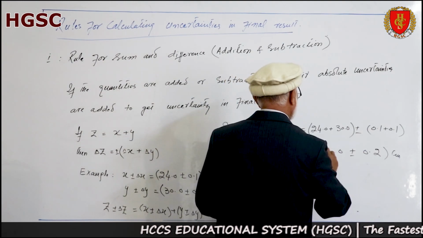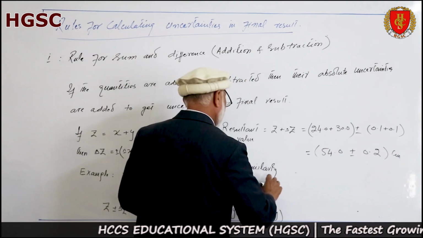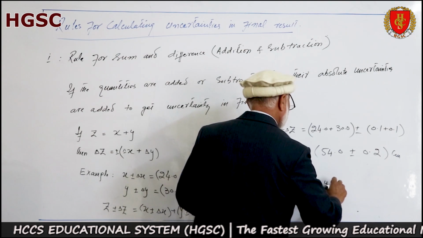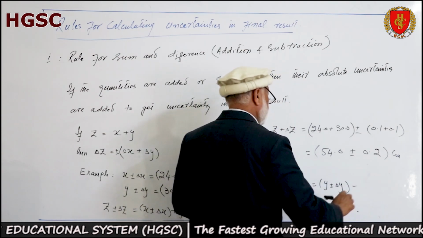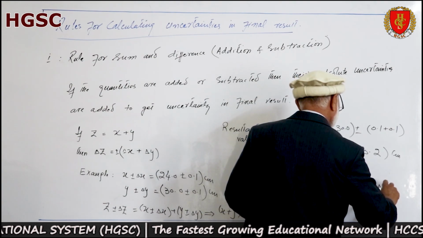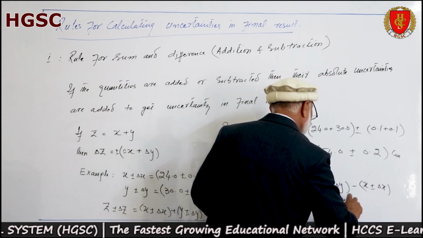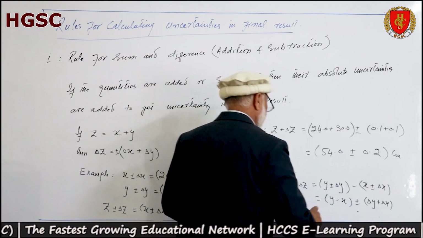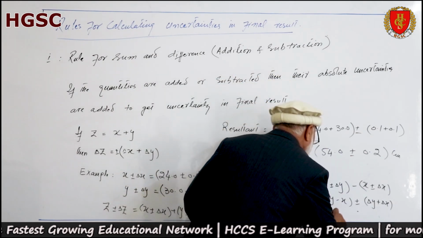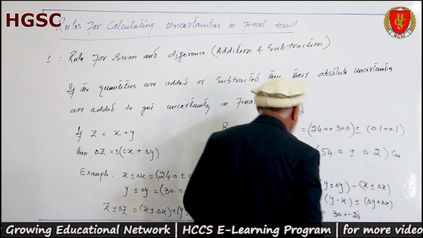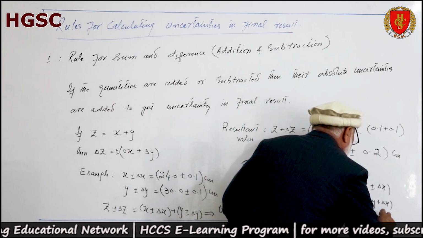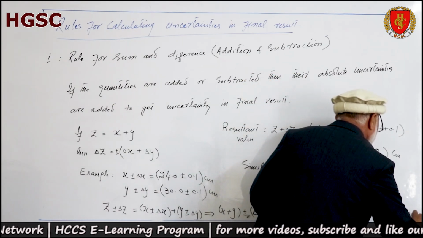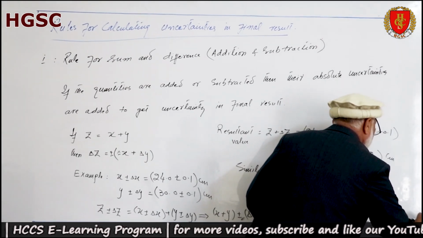Similarly, for z equal to y plus minus delta y minus x plus minus delta x, this is equal to y minus x, plus minus delta y plus delta x, and this is 30 minus 24, plus minus 0.1 plus 0.1, which is 6.0 plus minus 0.2 centimeter.